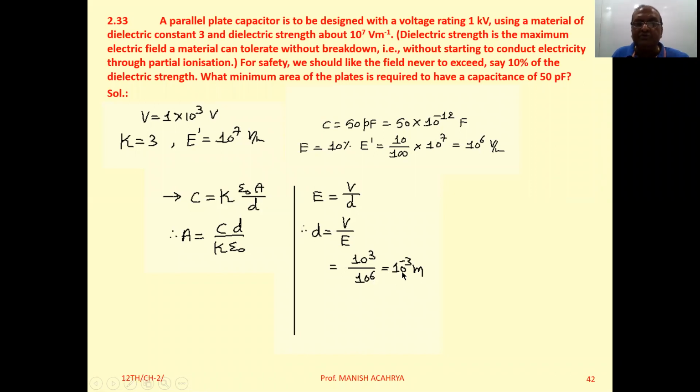So D comes to 10 raised to minus 3 meter. Now substitute the values. So A is C, 50 into 10 raised to minus 12, times D, 10 raised to minus 3, upon K, 3, times epsilon 0, 8.85 into 10 raised to minus 12. Solve this, you will get the area of the plates required. Clear?